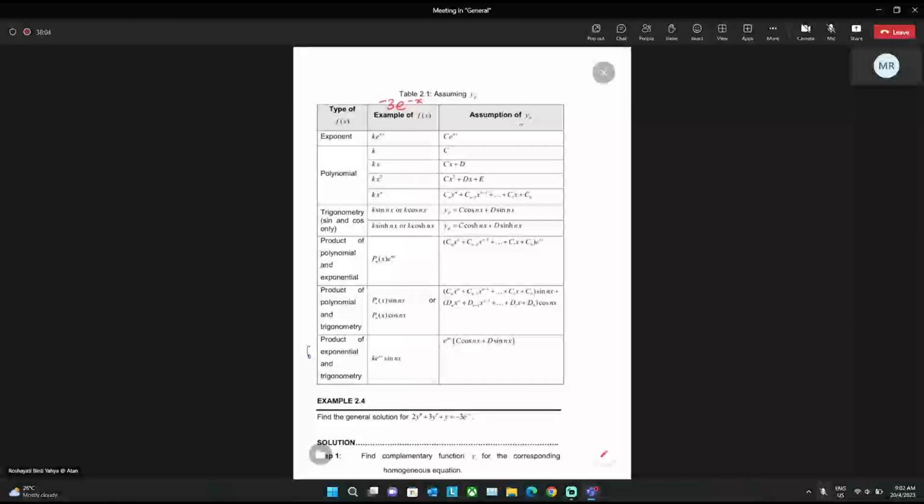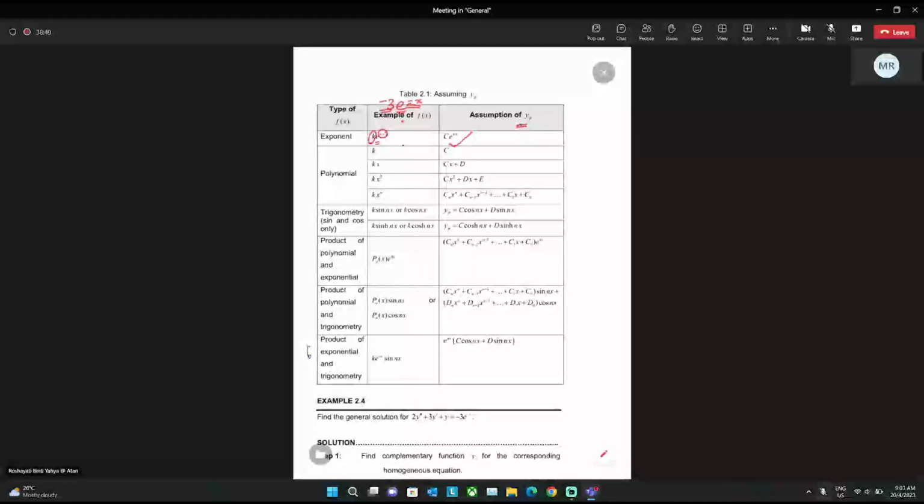Here, k is a constant, which can be negative 3. After that, exponential, same, and then nx, where n is an integer. So n becomes negative 1 and then x. So your f(x) can be assumed as c exponential nx.